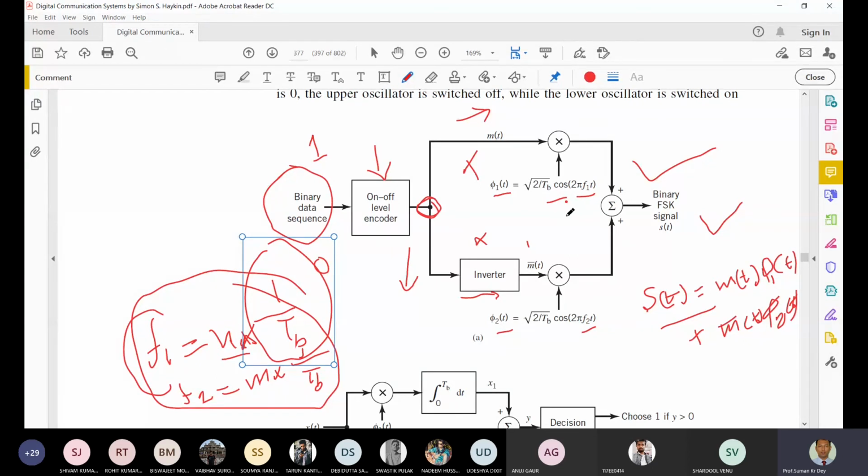Automatically the voltage controlled oscillator will take care of that synchronization.